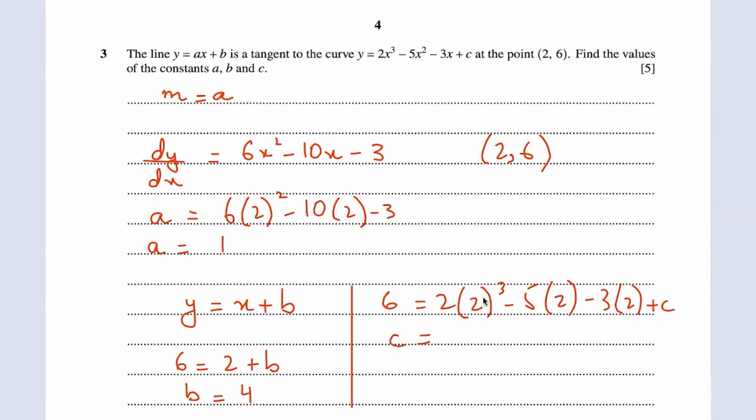Wait, so this was a 2², so this will be 20, not a 10. So this will become 5 times 2², 5x². Yeah, so this will become minus 20.